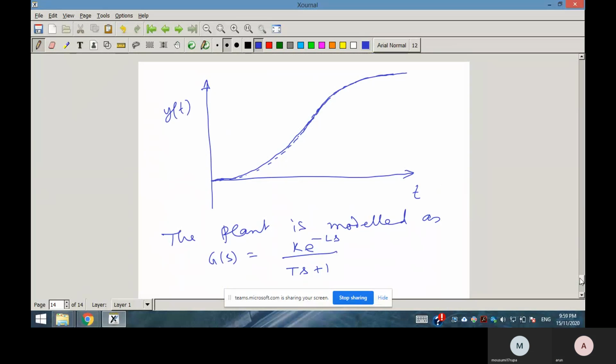We draw a tangent at the point of inflection, where this characteristic is almost flat. Although my drawing may not be correct, I have to modify it.